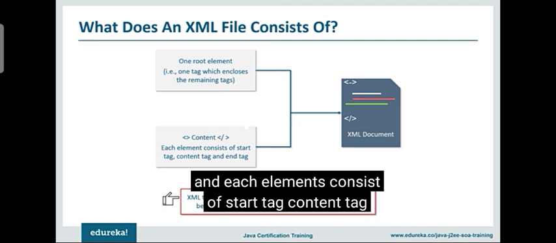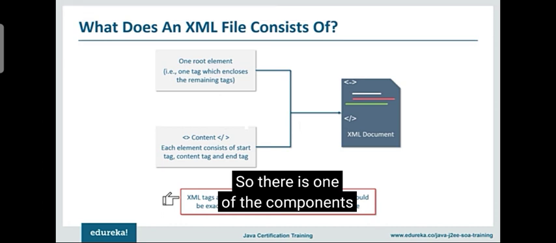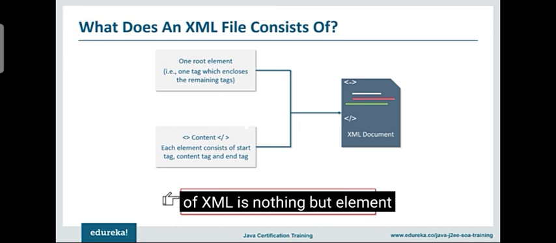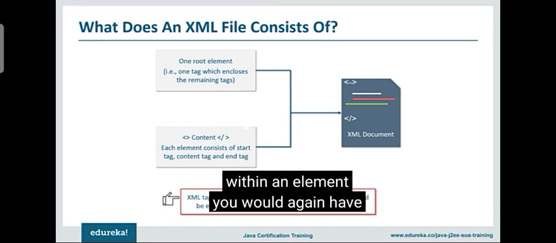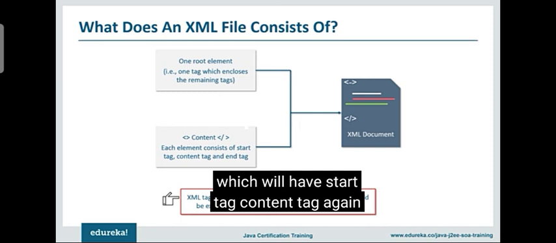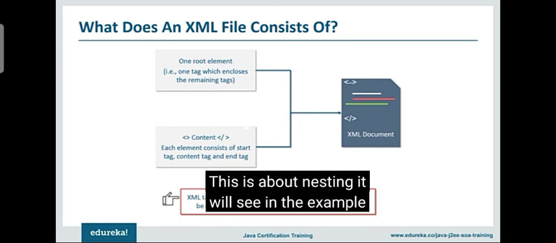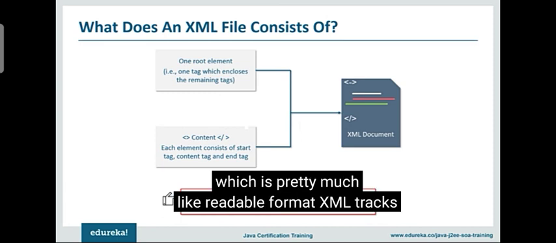Each element consists of a start tag, content, and an end tag. One of the components of XML is the element. Within an element, you would again have content expressed in the form of elements, which will have a start tag, content, and an end tag. This is about nesting. We'll see it in the example, which is in a readable format.